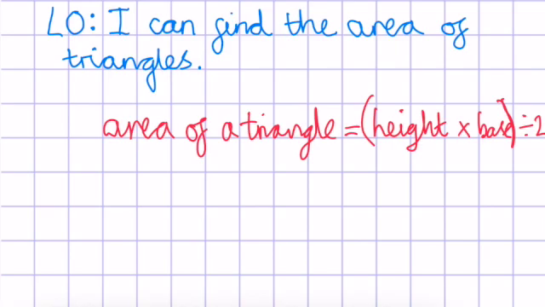And if we want to shorten this into an equation, you could put A for area equals h times b, or b times h, in brackets, because that's what we do first, divided by 2. So please, you can choose if you want to write them both down in case you forget what it stands for. If you just want to write the second one down, you can do that. Hit pause while you do that.